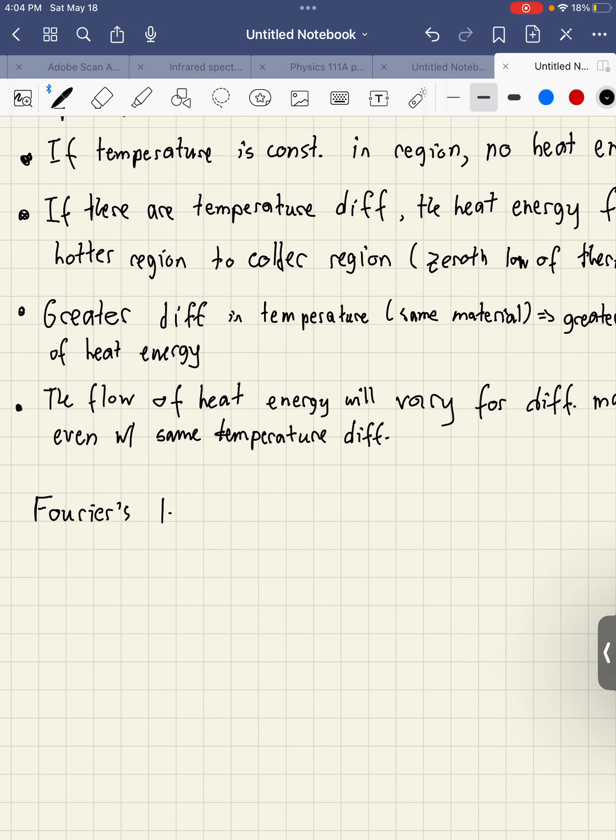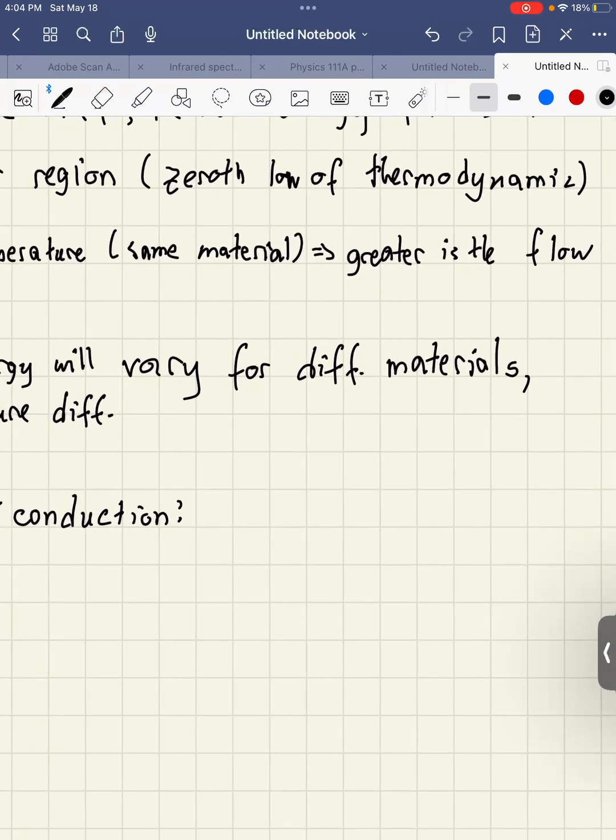Fourier's law of heat conduction says that our heat flux is equal to the negative of the thermal conductivity times the partial derivative of u with respect to x. Here K naught is our thermal conductivity, which measures the ability of a material to conduct heat.